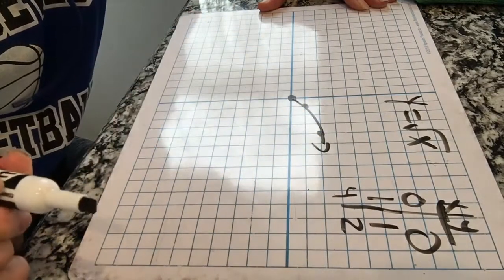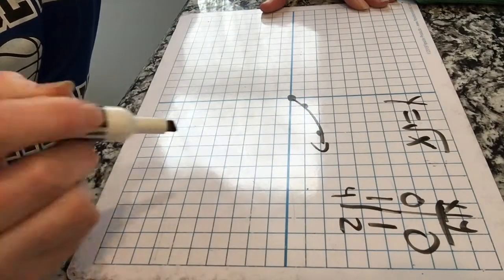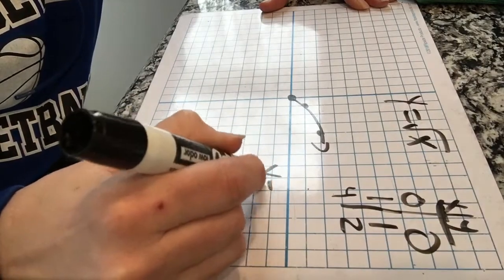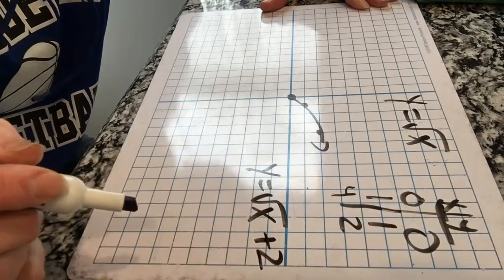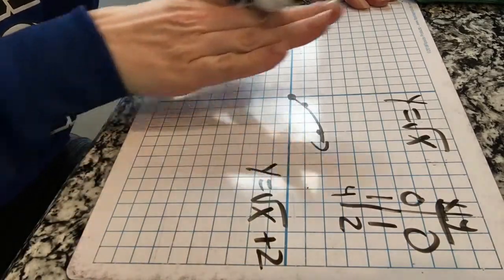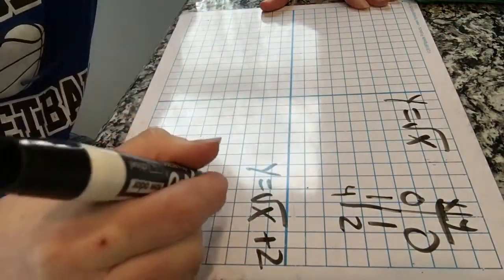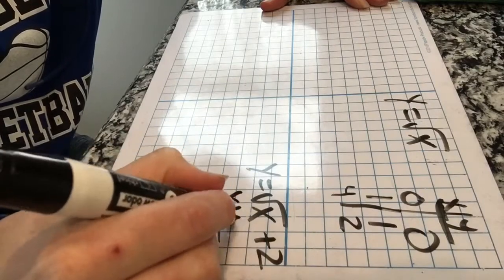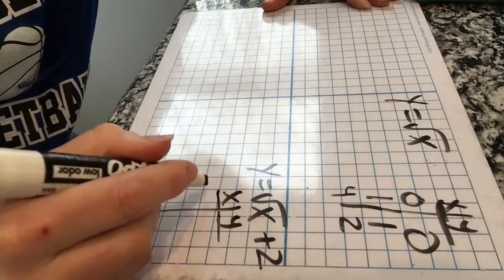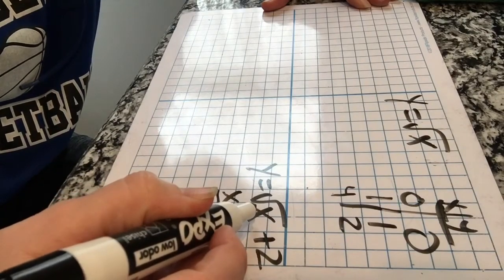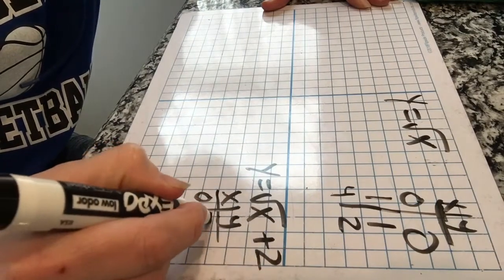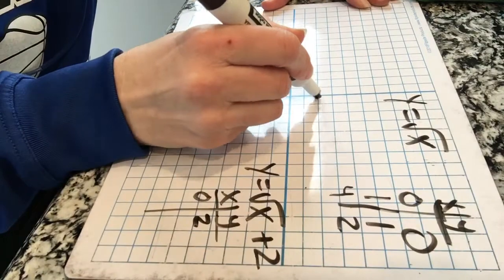So if I were to take y equals the square root of x plus 2, I would take this function and shift it up 2. You could always put in values for x. If I put 0 in, the square root of 0 is 0, plus 2 is 2, so I have 0, 2.